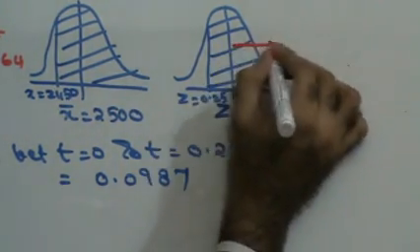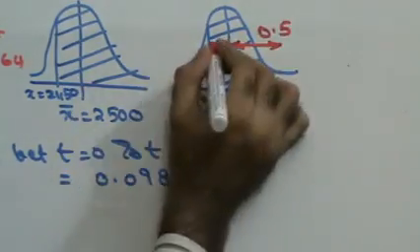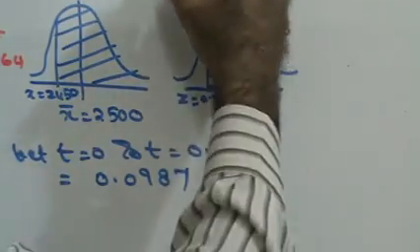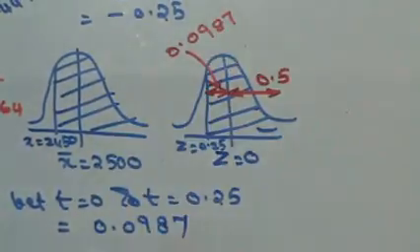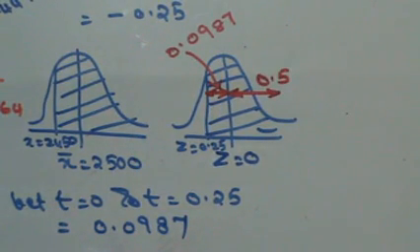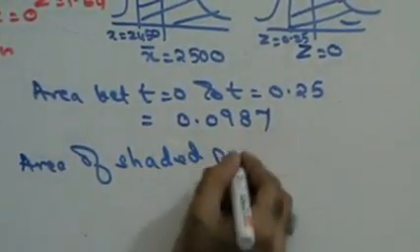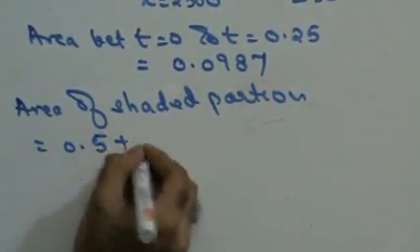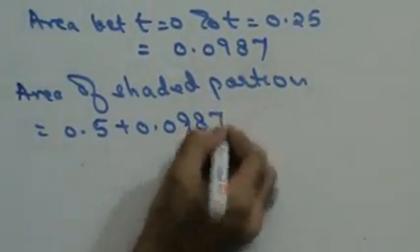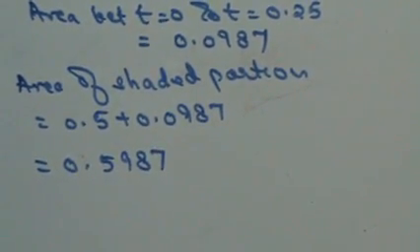That means this area is going to be 0.5 and this area is given to you as 0.0987, right? Therefore, I can say that the area of the shaded portion is going to be nothing but 0.5 plus 0.0987, which is nothing but 0.5987, right?